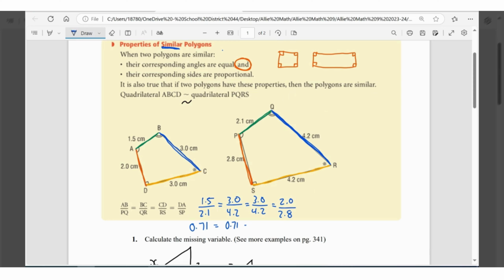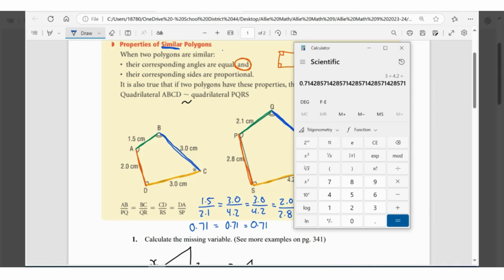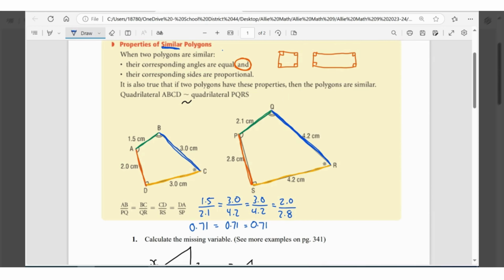This is the exact same fraction, so I know it's the same. And our last one, 2 divided by 2.8. I'll be shocked if it's not. Divided by 2.8 equals, there you go, 0.71. So we know these are similar. They have the same angles and their sides are proportional.